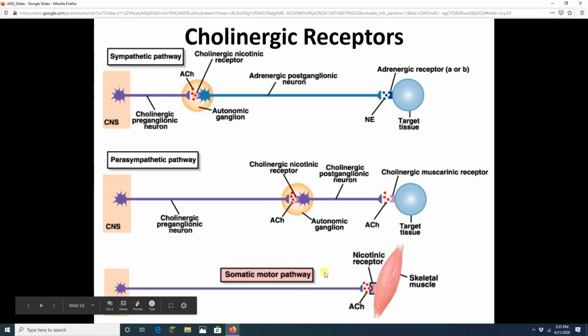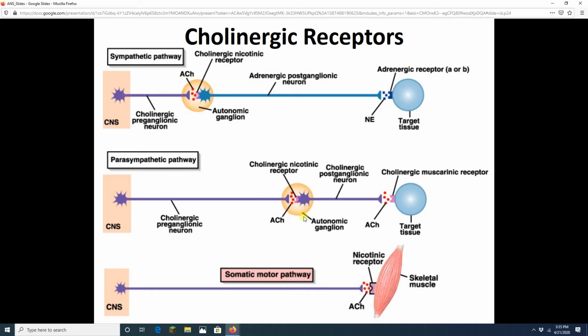Now, the neurotransmitters have got to bind to receptors. The receptors that bind to acetylcholine are called cholinergic receptors. I'm going to have those on every place where acetylcholine is released. So my postganglionic neuron has cholinergic receptors because my preganglionic neuron released acetylcholine.